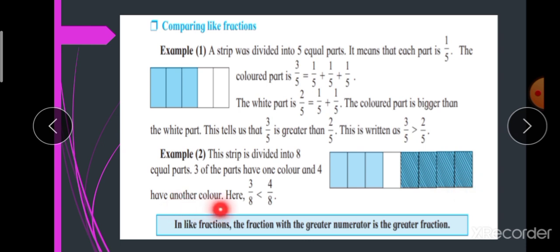On comparing both of them, 3 upon 8 and 4 upon 8, obviously we can say that 3 upon 8 is smaller than 4 upon 8. It means if the denominators are same, we compare only the numerators. 3 is smaller than 4, and therefore we say that 3 upon 8 is smaller than 4 upon 8. In like fractions, the fraction having the greater numerator is called the greater fraction.